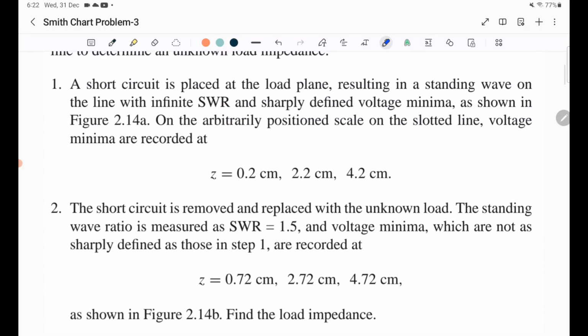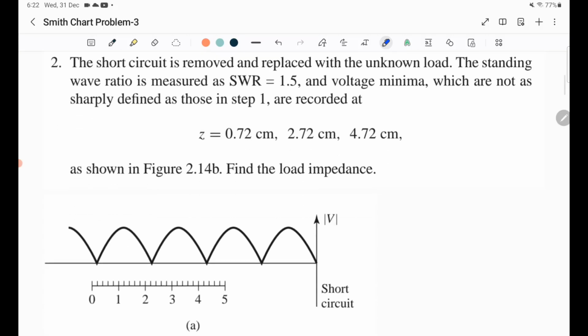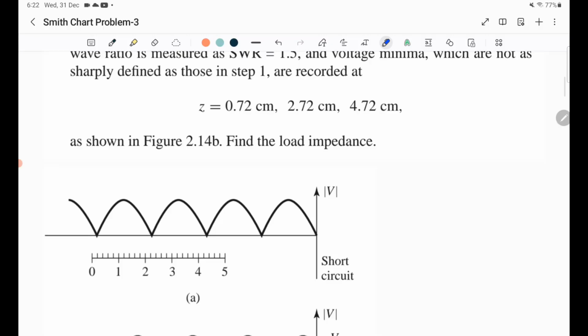In that case, the standing wave ratio is infinite and the voltage minima are sharply defined, as we can see from these figures.